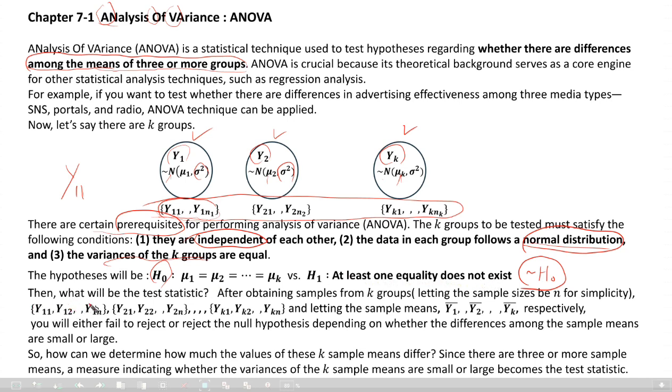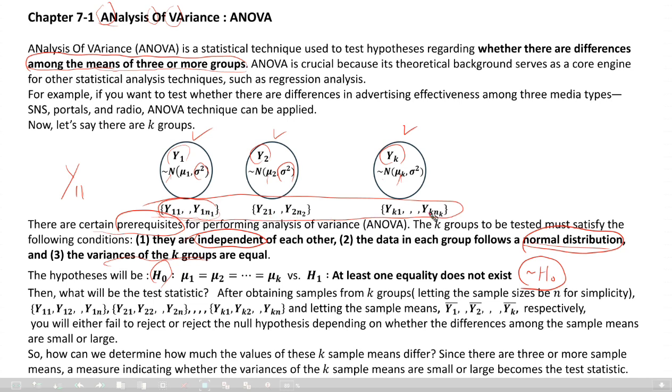Then what will be the test statistic for K groups? Just think about that. After obtaining samples from K groups, let the sample sizes be n for simplicity. It is not big trouble.